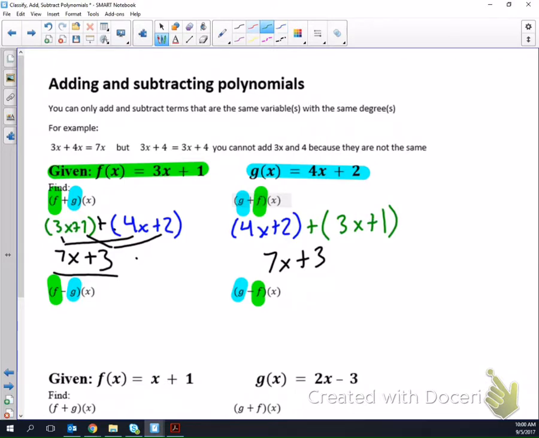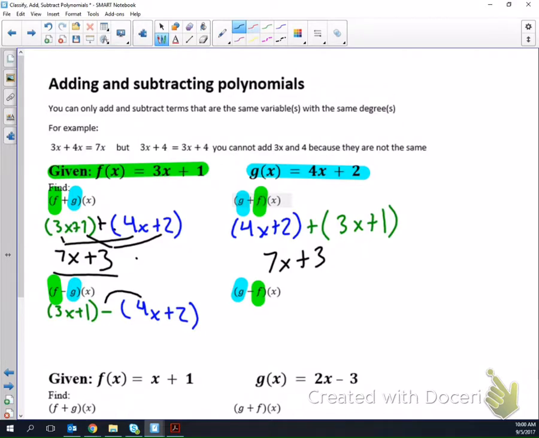So once again, we start with f, and we're going to do minus g. So we've got our 3x plus a 1 minus our 4x plus 2. Now, this is kind of the reason I've been putting these parentheses in the whole time. Because as I subtract g, I need to recognize I'm not just subtracting the 4x in g. I'm subtracting all of g.